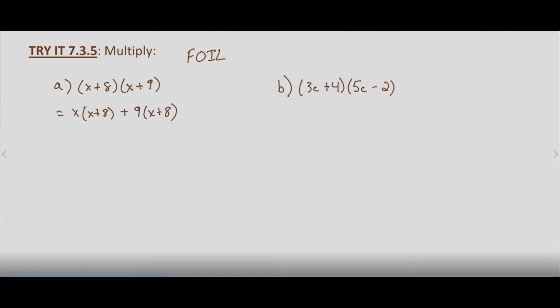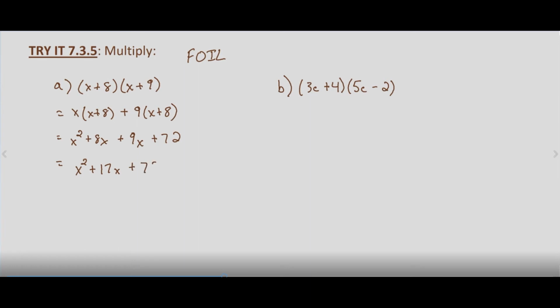Then distribute the x and the 9 to the binomial. So this equals x squared plus 8x plus 9x plus 72.